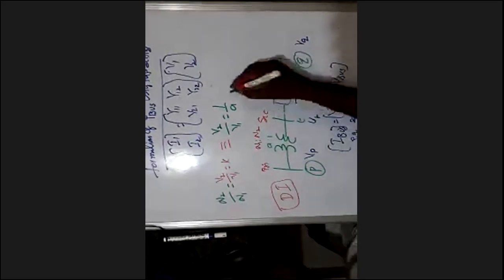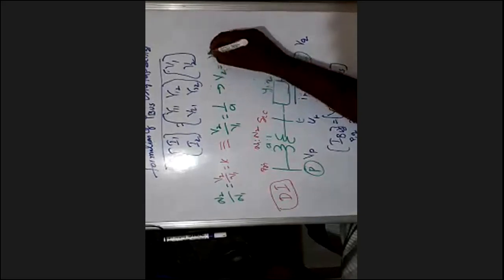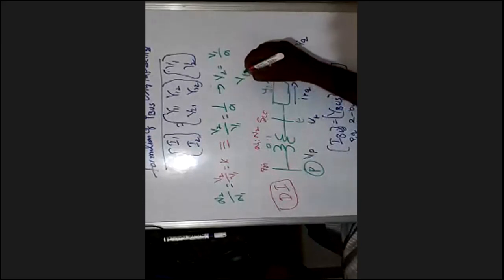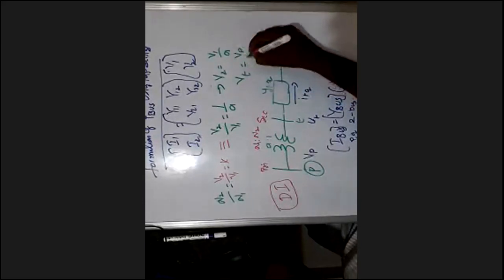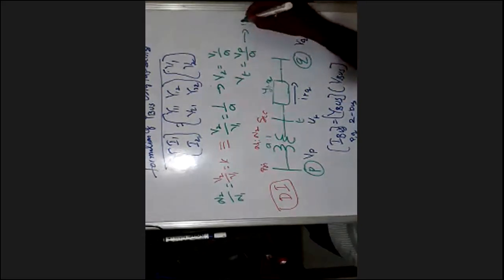So therefore, the secondary voltage V2 is equal to V1 by A. That means here the secondary voltage is VT, the primary voltage VP by A. Can I write? Yes, sir. Right. So now I am taking this as equation 1.